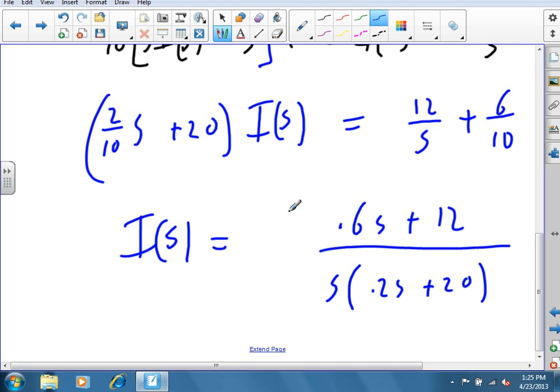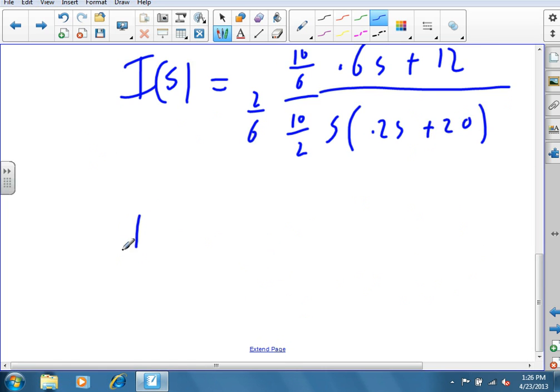If I multiply the top by 10 over 6, and I multiply the bottom by 10 over 2, I could do that, but then I'd have to multiply by 2 over 6 on the outside, and 2 over 6 times those give me 1.